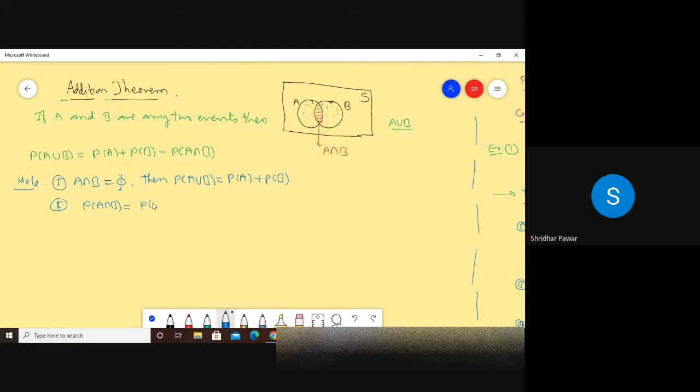So that will be P of A plus P of B minus P of A union B. This is how you may find probability of the intersection also. Now see some examples on how to use the addition theorem.